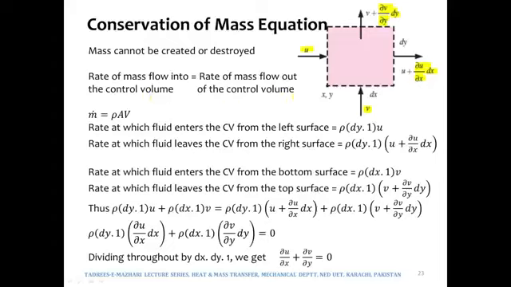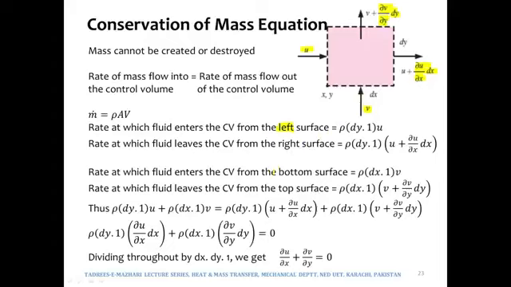Now the mass flow rate coming into the control volume is in two dimensions, one along the x-axis and the other along the y-axis. So the fluid enters the control volume from the left surface and from the bottom surface.